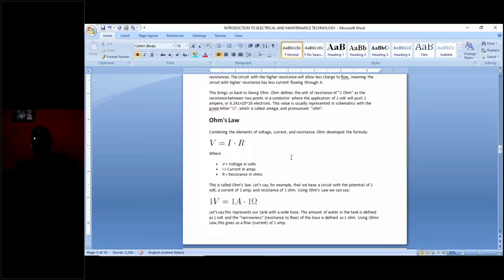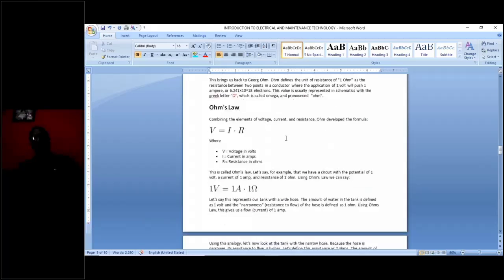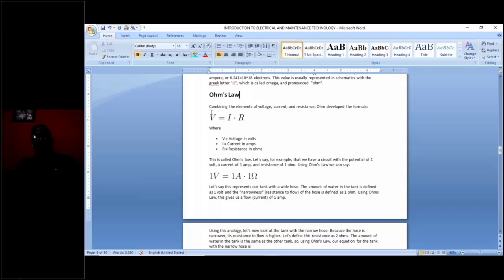Representing in mathematical terms the relation between voltage, current, and resistance, Ohm developed a formula which says voltage equals current multiplied by resistance.